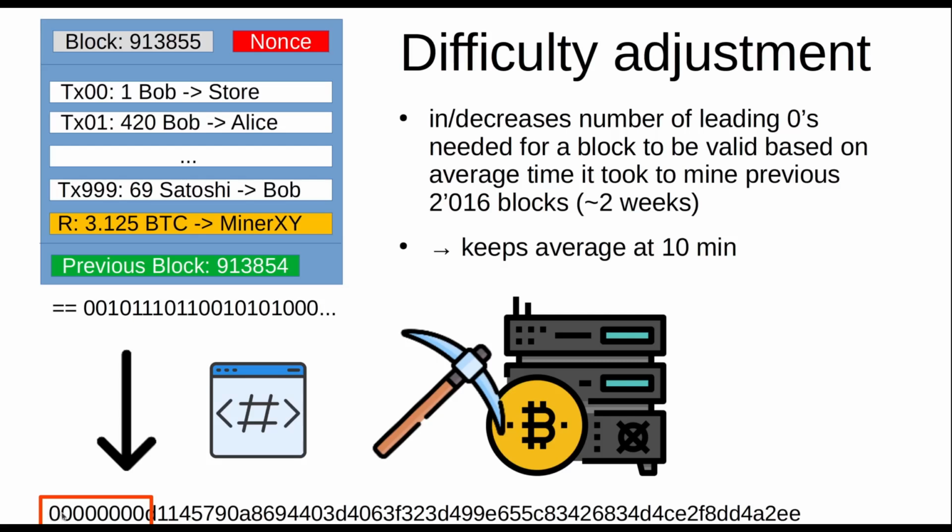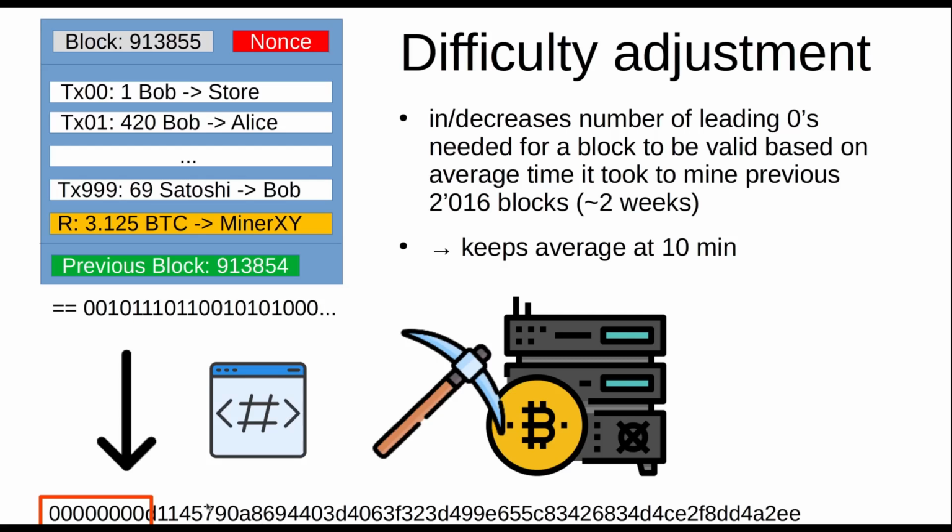And so just to get a 0, which is 4 zeros, 4 bits as a 0, you have 6.75% chance to get a 0 at the first position. And the more leading zeros you want in your final output, the harder it is to guess a nonce that will result in this output.